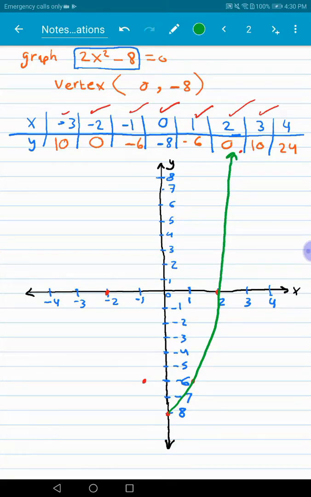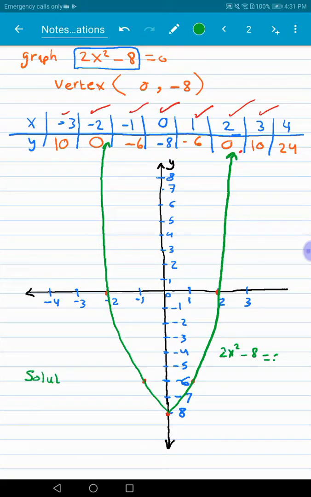As you see, there is a symmetry in the graph. This is the graph of 2x squared - 8 equals 0. What are the solutions? The solutions mean where the graph meets the x-axis.